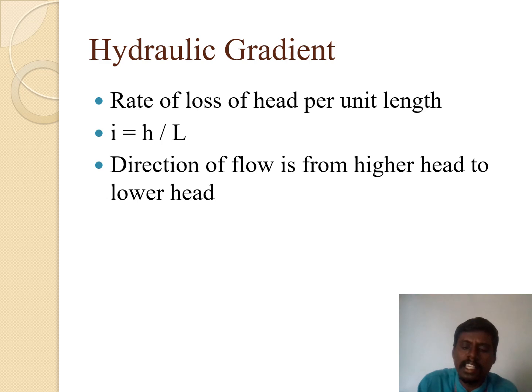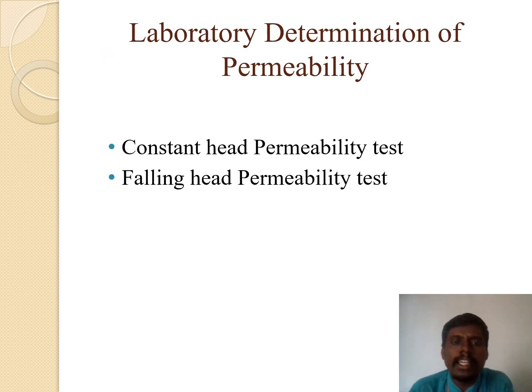Okay, the next thing is the laboratory determination of permeability. Normally permeability is also known as hydraulic conductivity. The coefficient of hydraulic conductivity is determined by two methods. One is the constant head permeability test and the other is the falling head permeability test.